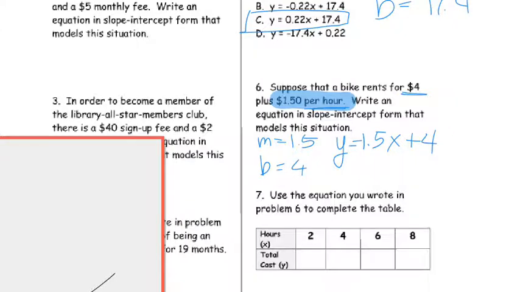X is hours, right? So when you go down here and they give you a 2, you plug 2 in for the hours. You plug 2 in, you plug 4 in, you plug 6 in, each into that x value. So 2 times 1.5 is 3, plus 4 is 7. 1.5 times 4 is 6, plus 4 is 10. And then 13, and then 16.